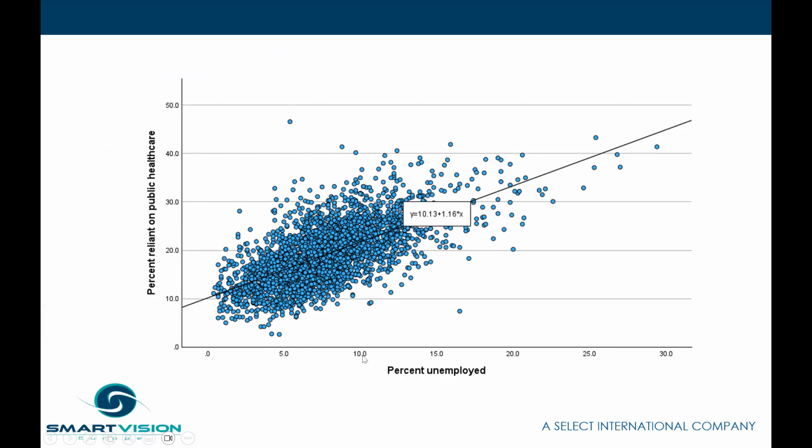It's saying, okay, the thing that you're trying to predict is usually on the y-axis, the vertical axis. And the thing you're using to predict it, the thing that creates the weight of the chicken, if you like, is on the x-axis. If I wanted to predict the percent of people in these counties who are reliant on public health care using percentage of unemployed, I would take percentage of unemployed, let's say 15 here, and multiply that by 1.16.